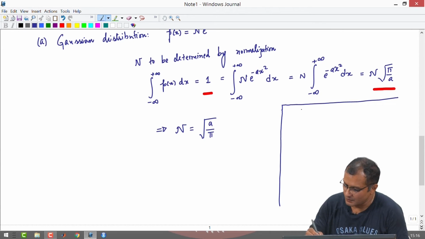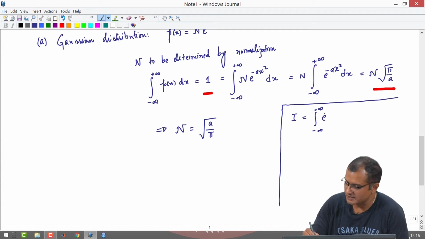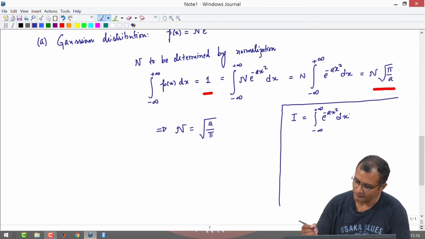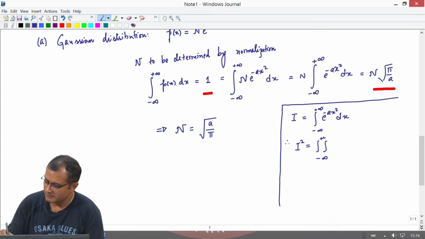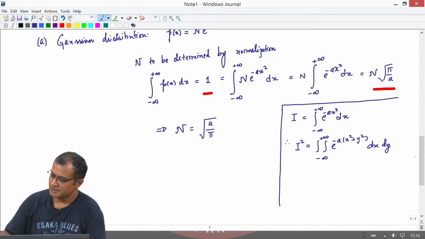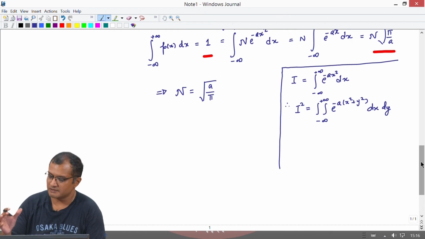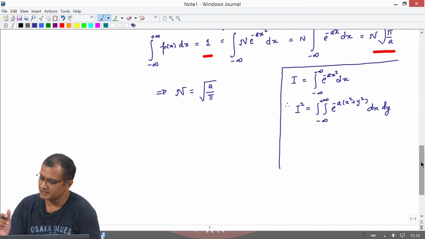If I write down this Gaussian integral I as minus infinity to plus infinity e raised to minus a x square dx, this means my I square has to be the double integral e raised to minus a into x square plus y square dx dy.